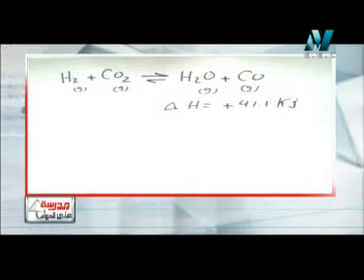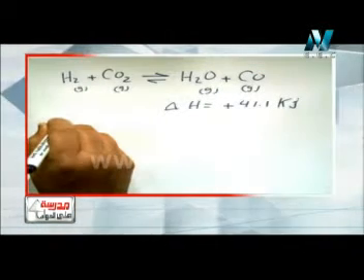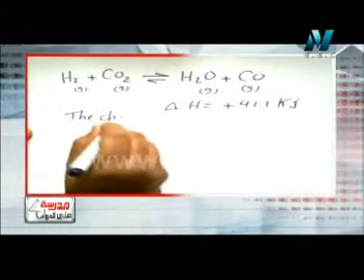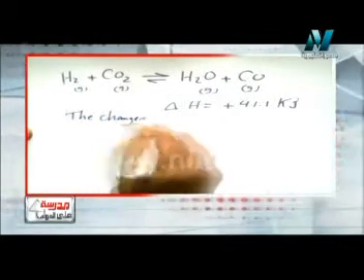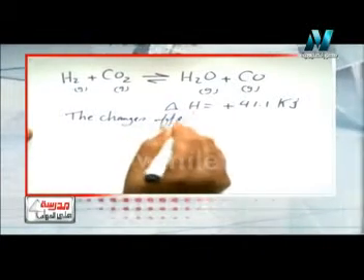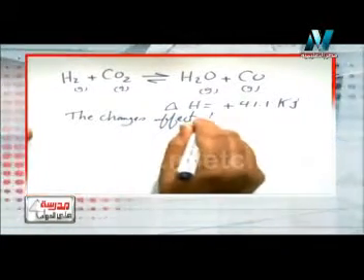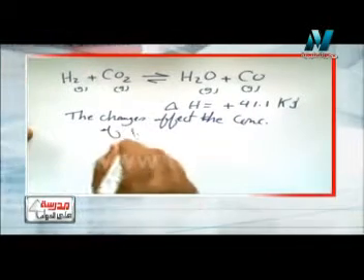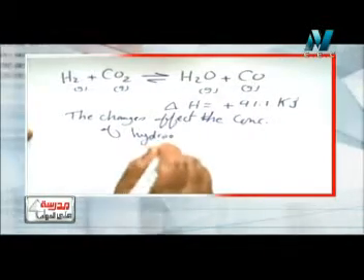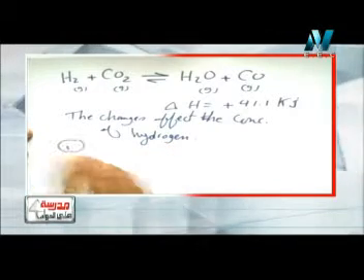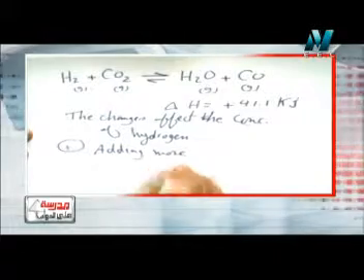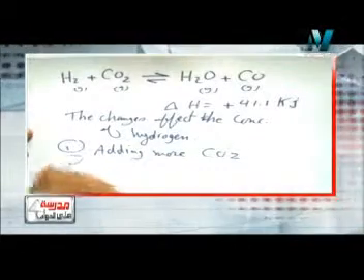Okay, the question is: how does each of the following changes affect the concentration of hydrogen? What are these changes? 1. Adding more CO2. 2. Adding more water vapor. 3.